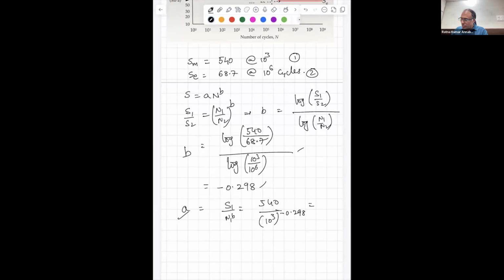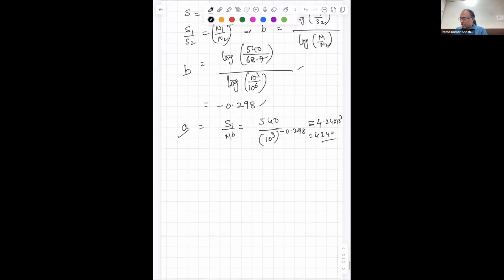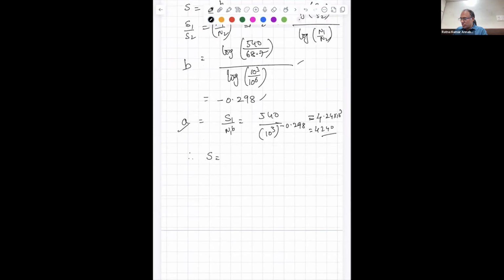I am using one of the points to plug in. What's the value? 4.24 into 10 power 3, that means 4240. Therefore, your equation is S is equal to 4240 N to the power minus 0.298. That is your SN curve, isn't it?